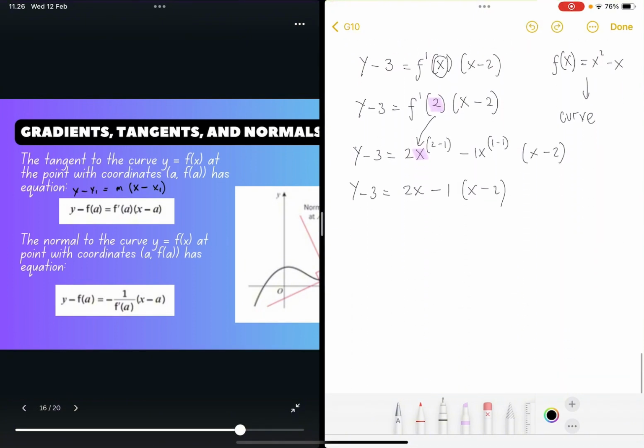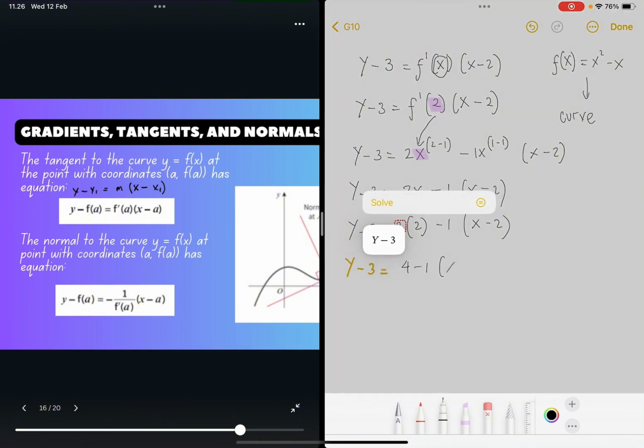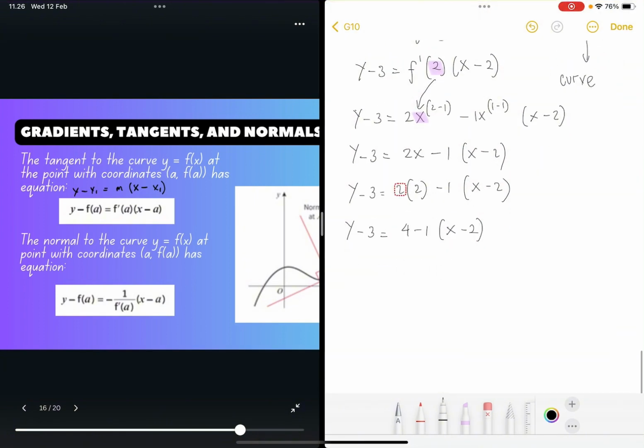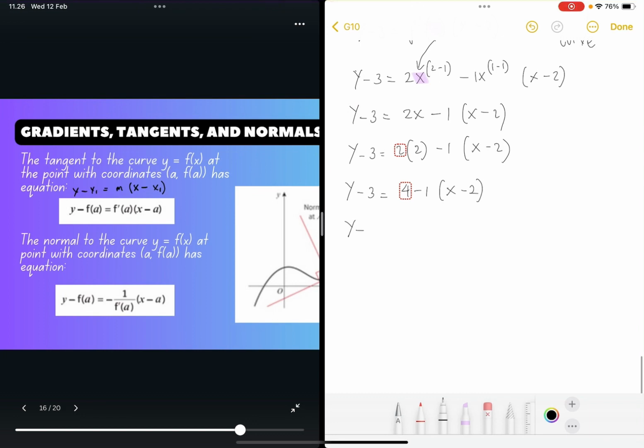Okay? So we will have y minus 3 equals 2 times 2 minus 1, times x minus 2. Here y minus 3 equals 4 minus 1, times x minus 2. So we will have y minus 3 equals 3 times x minus 2. I do it one by one so that you understand.